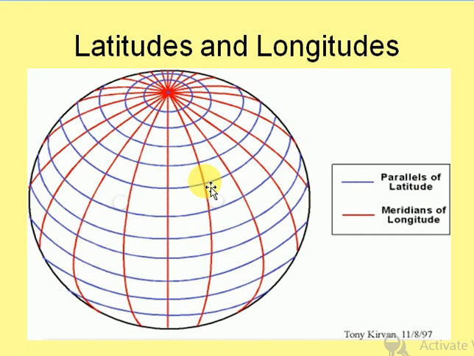The north-south and east-west lines together make up the Earth's grid system, also known as the geographical grid. It is used to find the exact location of places on the Earth.